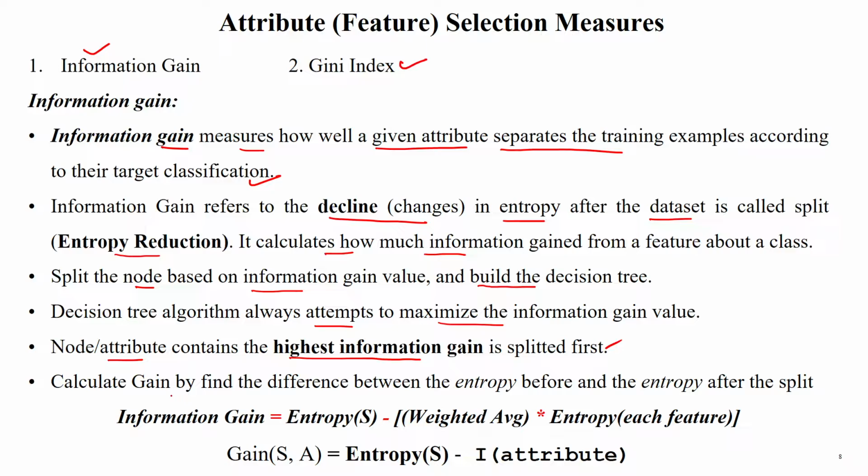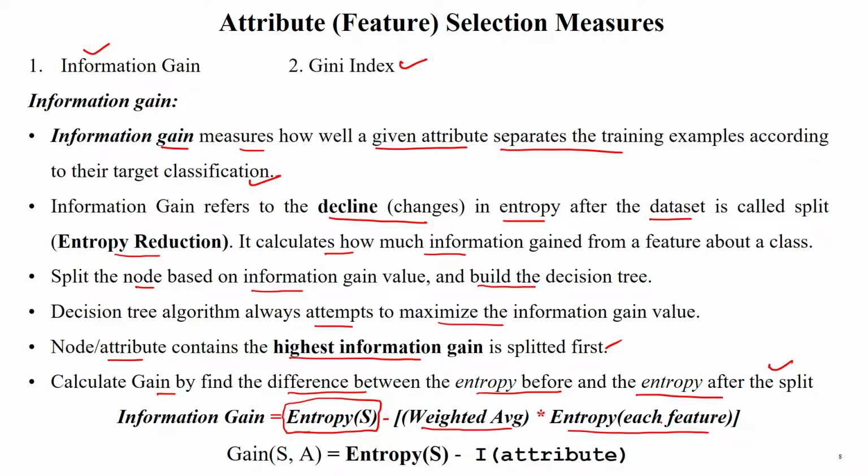Calculating the gain by finding the difference between entropy of that particular attribute before splitting and entropy of that same attribute after the splitting. So the formula is, the information gain equal to entropy of that given entire data set minus weighted average multiplied with entropy of each and every attribute.